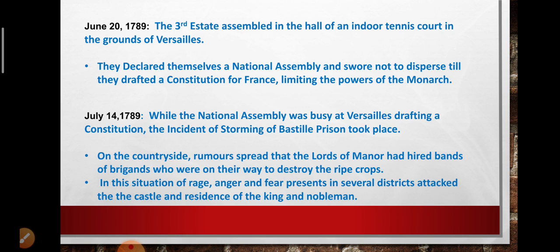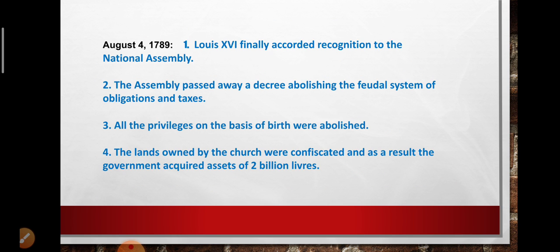These attacks made Louis XVI realize that he now had to give power to the National Assembly, and he did this on 4th August 1789. On 4th August 1789, the Assembly abolished the feudal system of taxes and obligations.